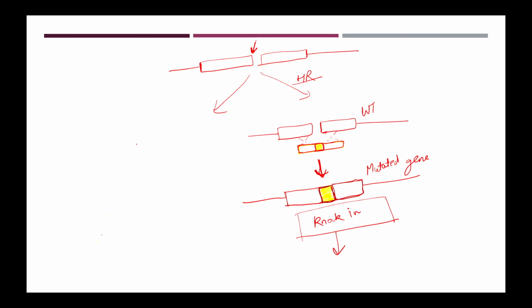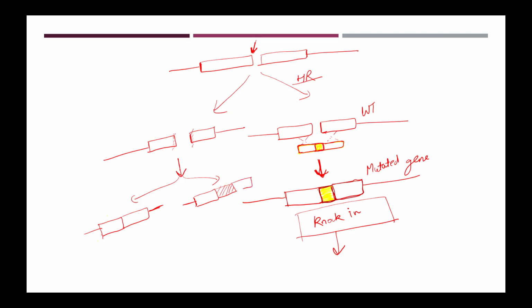Other than that, if not HR, if there is no template strand, what will happen? Non-homologous end joining, where there is no template. So NHEJ is very error prone, because exonucleases are there and there are chances some portion will be chopped off, and when your gene is ligated back, it has lost some of the DNA sequence. Also, there are chances that some extra non-specific sequence will get integrated.